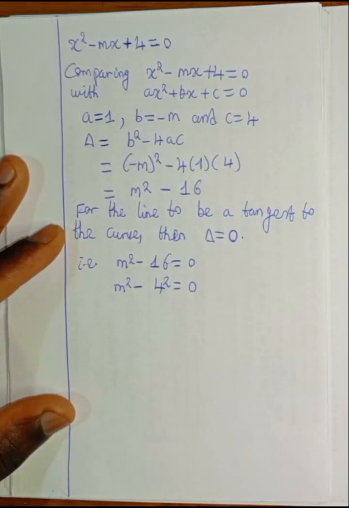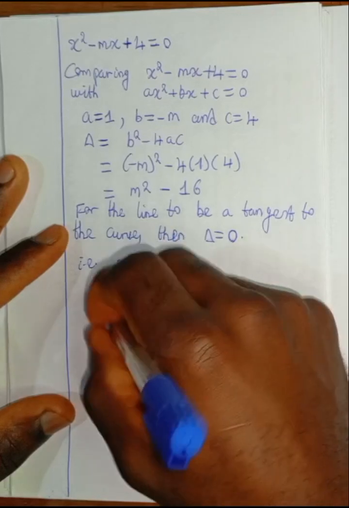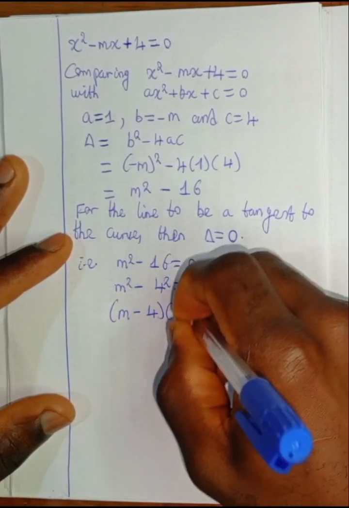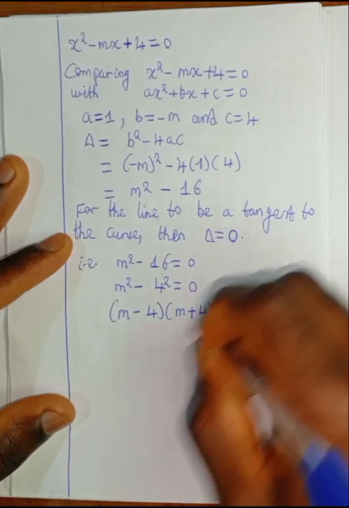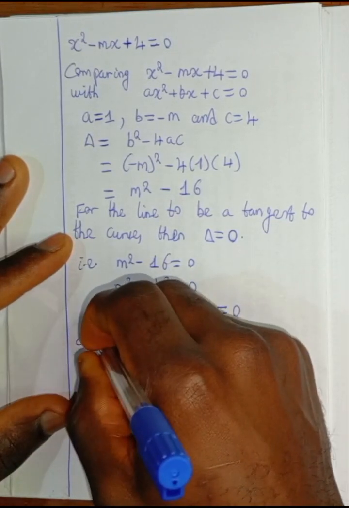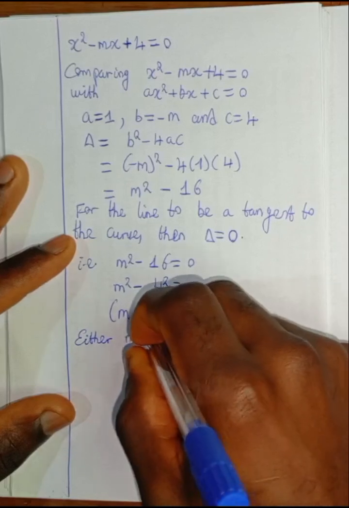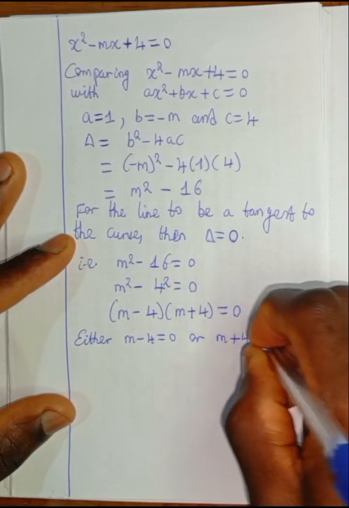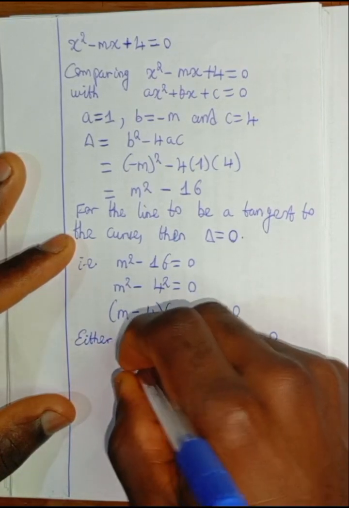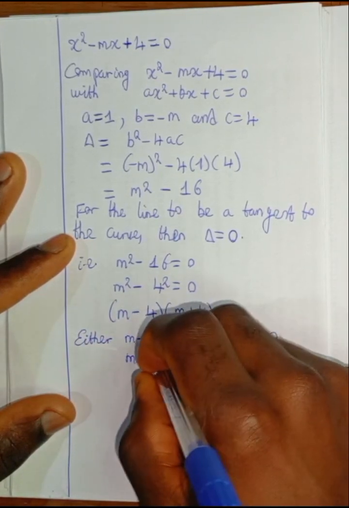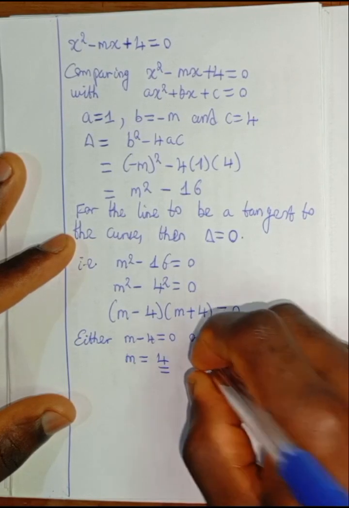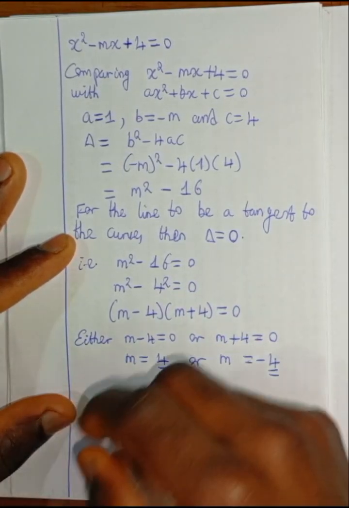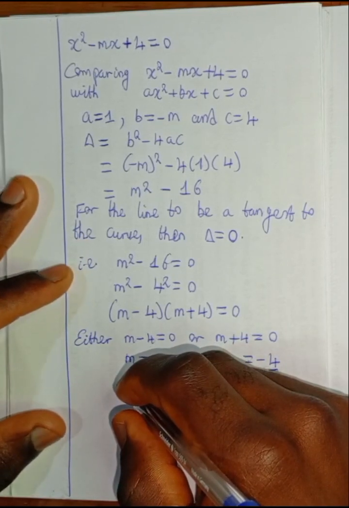And this is the difference of two squares. With factorization, m minus 4 times m plus 4 is equal to 0. At this level, you are going to see either m minus 4 is equal to 0 or m plus 4 is equal to 0. If we find m here, m will simply be positive 4. Or if we find m in the next case, m will simply be equal to negative 4. So these are the two values for m.